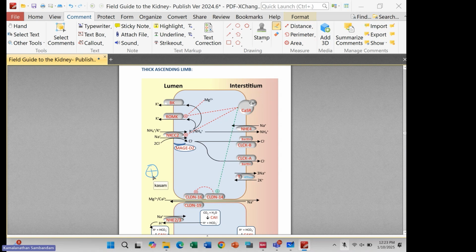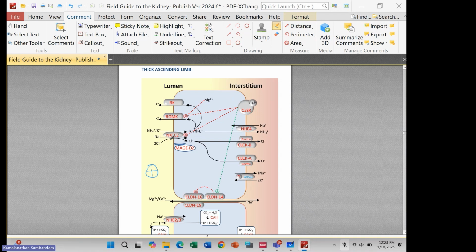This is in contrast to the lumen negative potential difference we're always talking about in the collecting duct that is driven by reabsorption of sodium via ENaC. Here we're talking about the creation of a positive potential difference in the lumen, and that is occurring through these transport events. Remember, I have the reclamation of sodium, potassium, and 2 chloride through NKCC2, right?